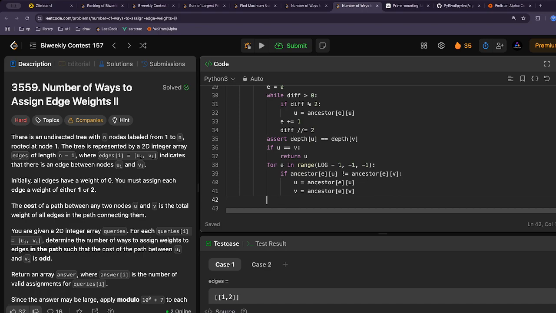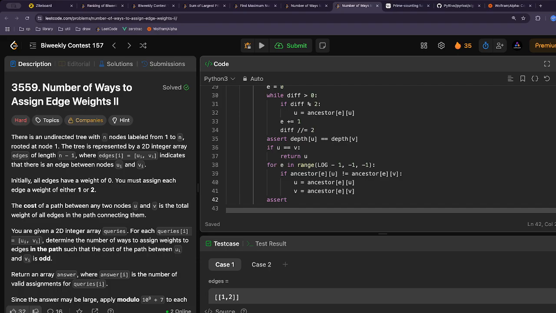I claim that at the end, this is as much as we can jump, we did the largest jump that we can do without them being equal, right?